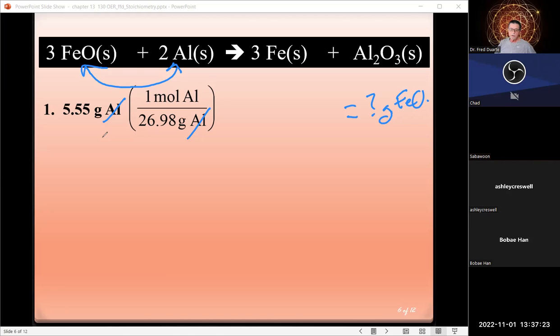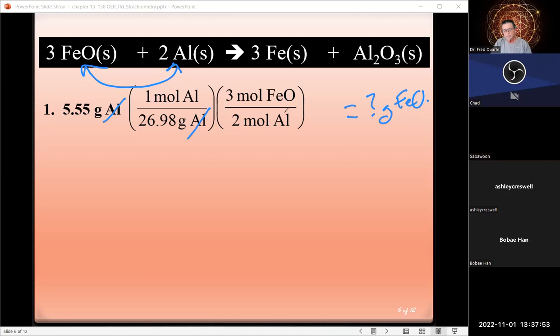We do that by dividing by the atomic weight of aluminum. So look at the units. I cancel out, and at this point, unit-wise, I'm set at moles of aluminum. The next step is to get into moles of iron 2 oxide. I use the stoichiometric relationship between the aluminum and the iron 2 oxide, which comes from the balanced chemical equation.